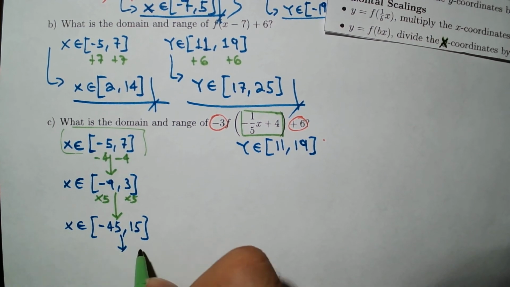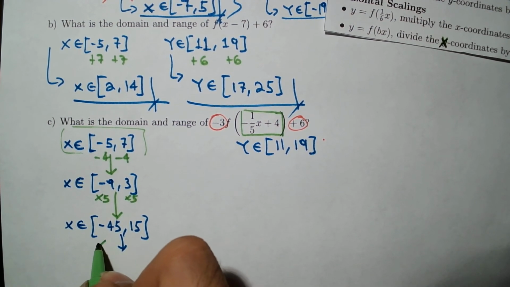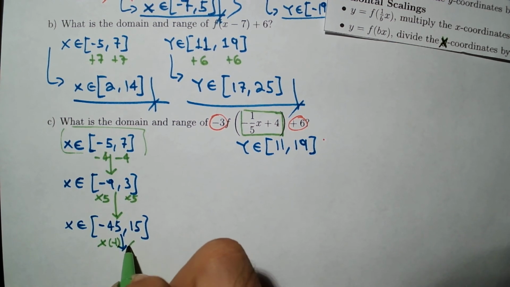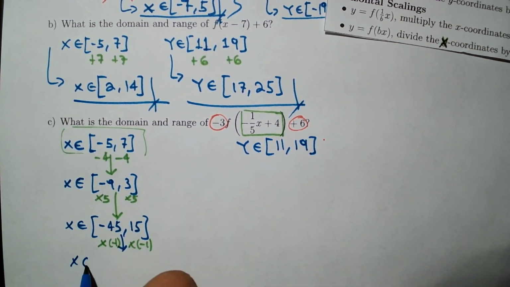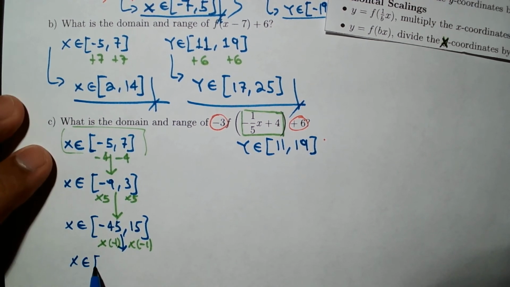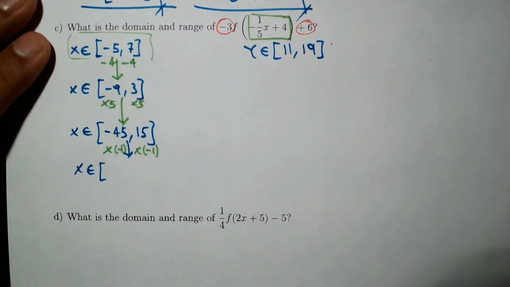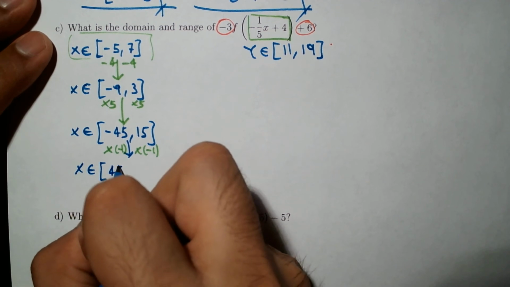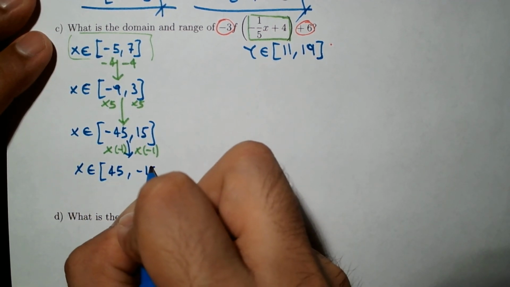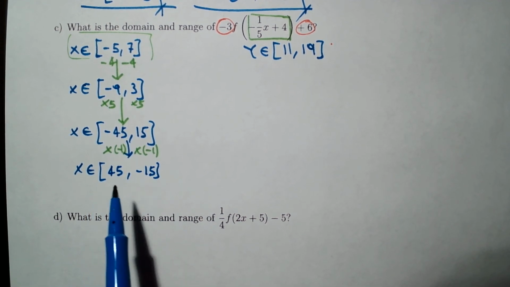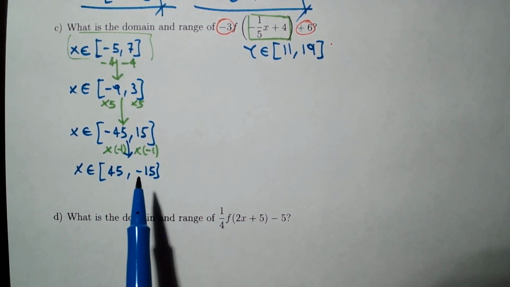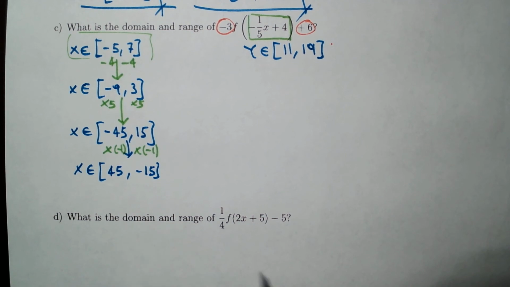So times -1, I'm going to get the following: x belongs to positive 45, comma, -15. But again, this doesn't make sense because this is not how we read intervals.